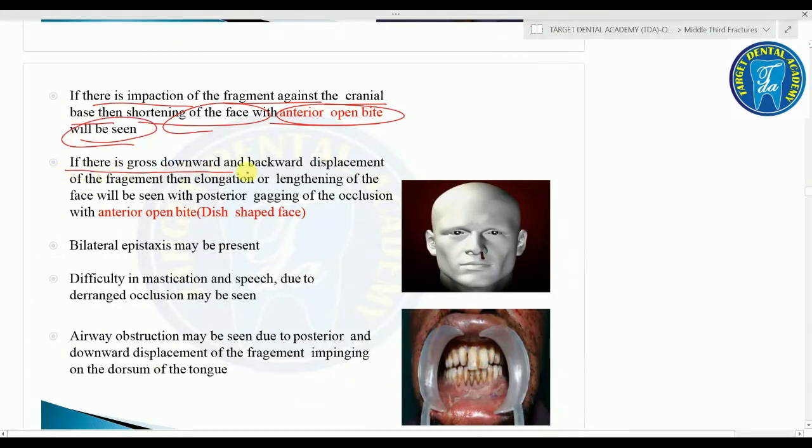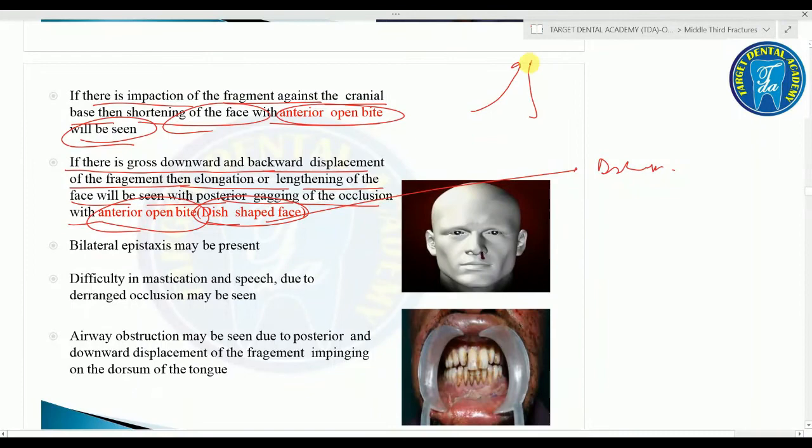If there is a gross downward and backward displacement of the fragment, then elongation or lengthening of the face will be seen, with posterior gagging of the occlusion with the anterior open bite, and you can see that there is a dish-shaped face. See, if the impaction of the fragment is against the cranial base, then there is a shortening of the face.